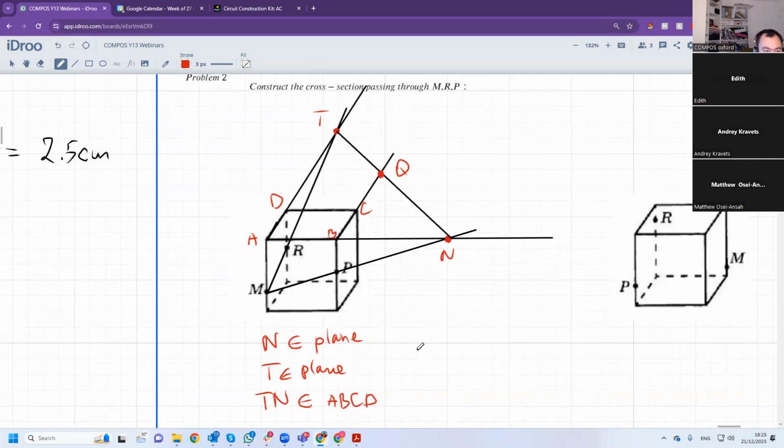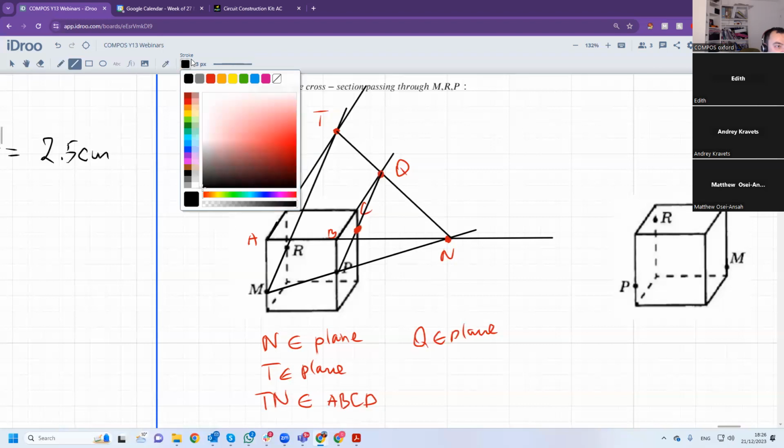Let's call it Q. Q belongs to the plane. And now we can draw the line PQ. This is where the plane meets this side.